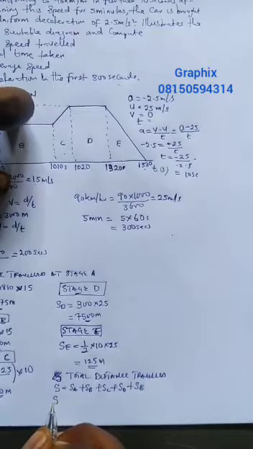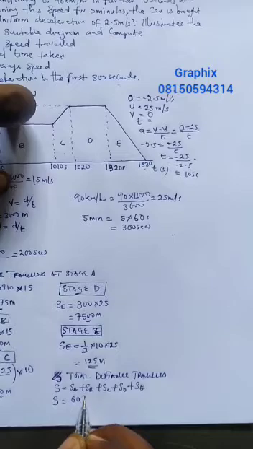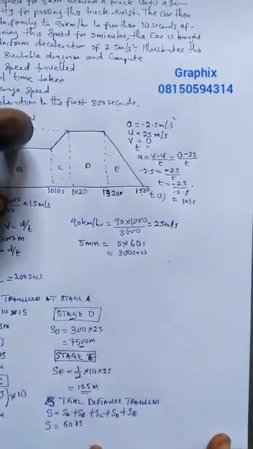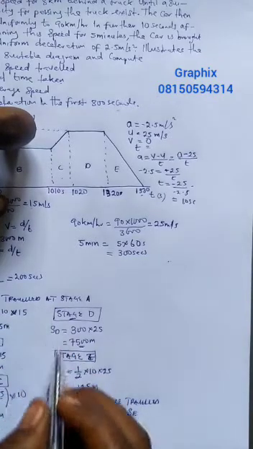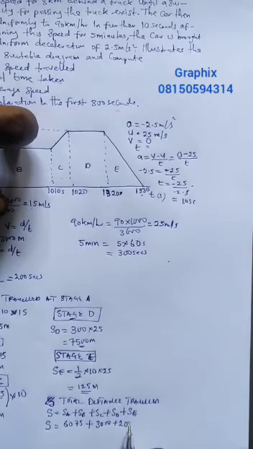So the total distance here will now be, what is the SA? SA giving us 6075, SB is 3000, SC is 200, SD is 7500, SE is what? 125.